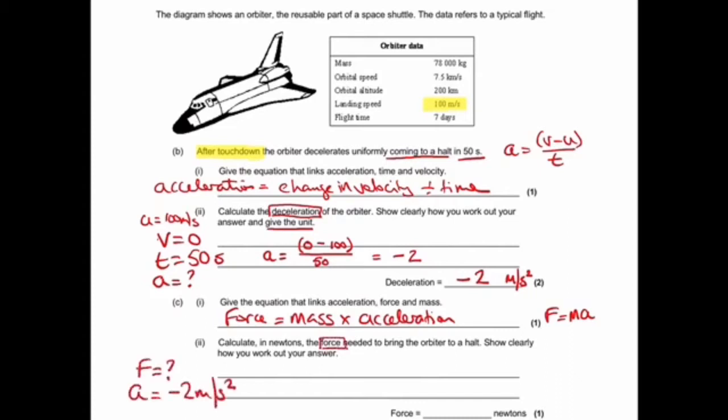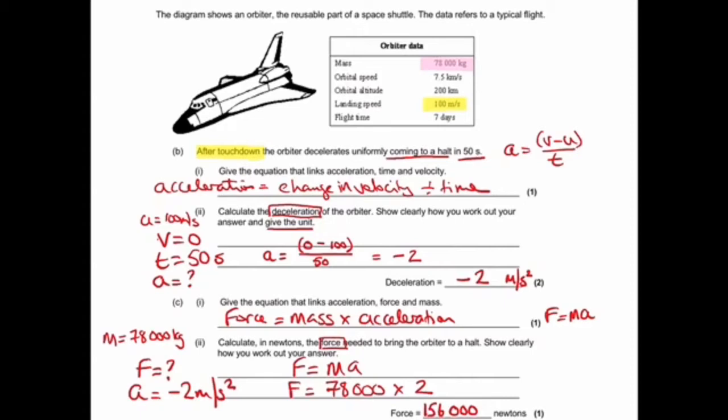So let's look at our data. We're calculating the force. We've got the acceleration because we've just worked that out. And we need the mass. There it is. Mass 78,000 kilograms. So let's add that to our list. F equals m times a.